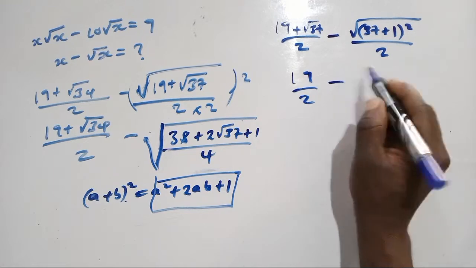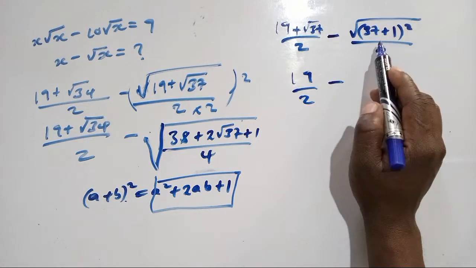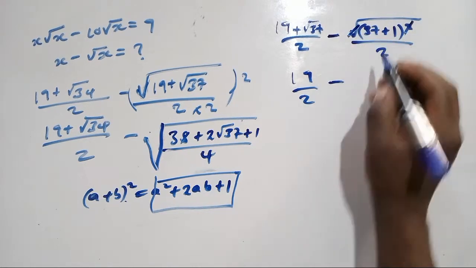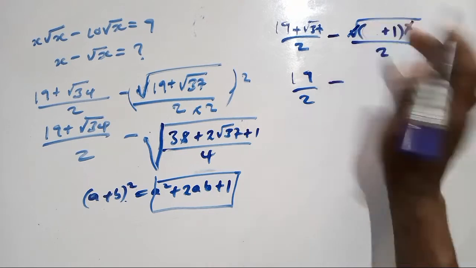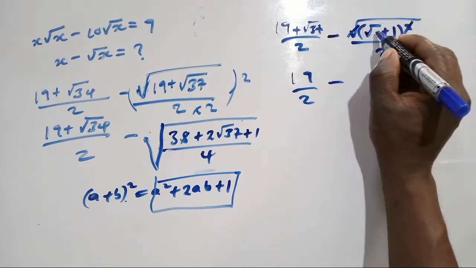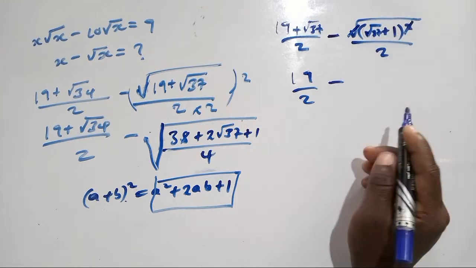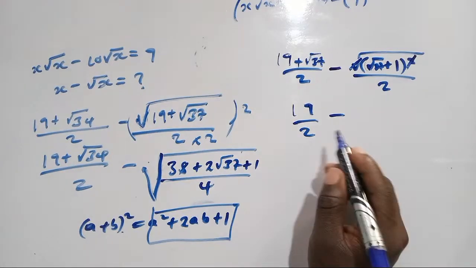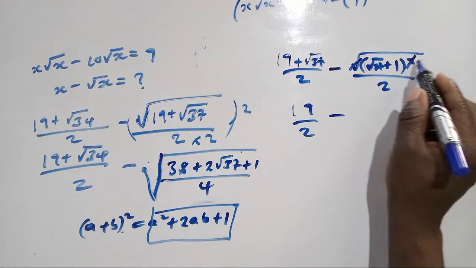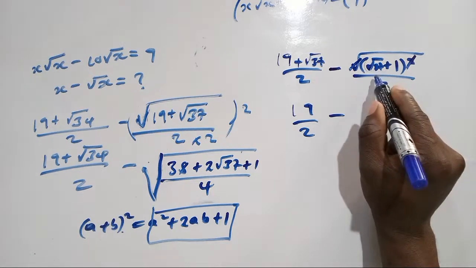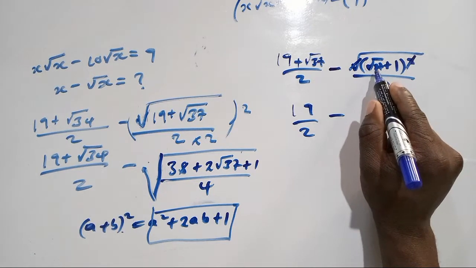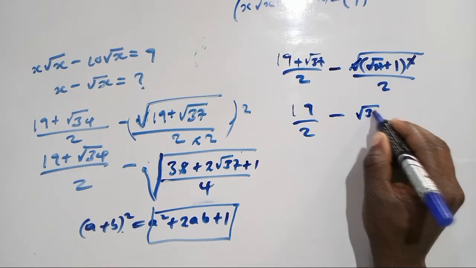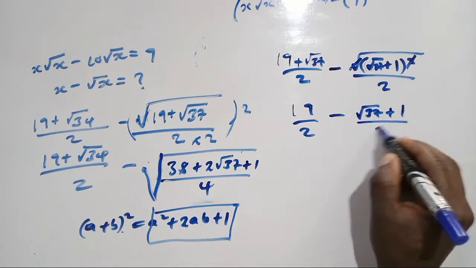Then minus, these 2 and these 2 go, so we remain with a root of 37 plus 1, in which this squared and the root go, so we remain with the square root of 37 plus 1 over 2.